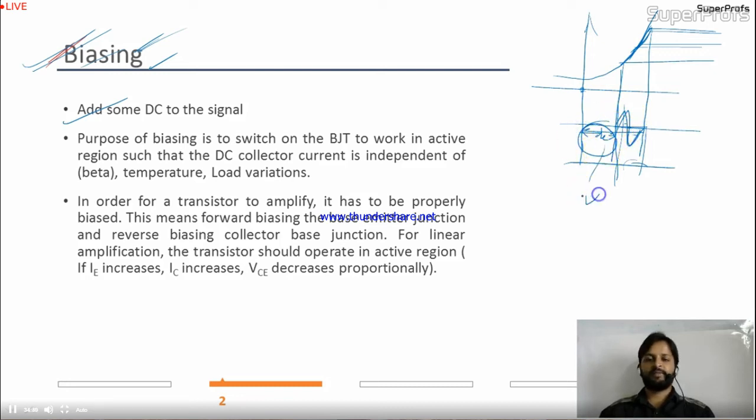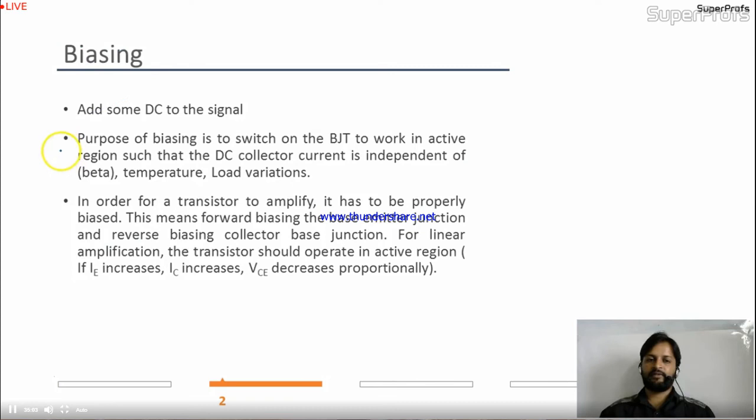We studied this in clamper circuits. So the purpose of biasing is to add some DC part to the signal. The purpose of biasing is to switch on the BJT. You are applying some energy source, so definitely the BJT will be switched on, to work in active region such that the DC collector current is independent of the temperature. This is a very, very important point written over here.